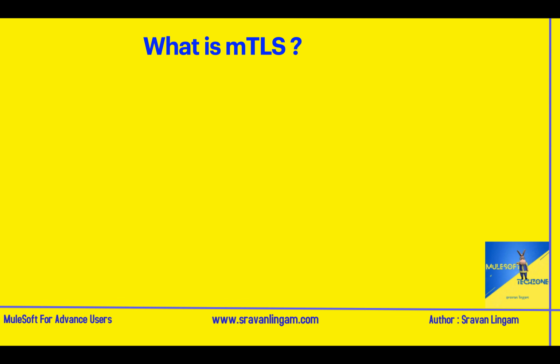In the previous section, we saw that when enabling TLS configuration, sometimes we configure only a keystore, and sometimes only a truststore. Any one of them, sometimes it works, right? It's not that keystores and truststores are not mandatory. But mTLS is nothing but mutual TLS, which in simple words clearly requires both keystore and truststore configuration.